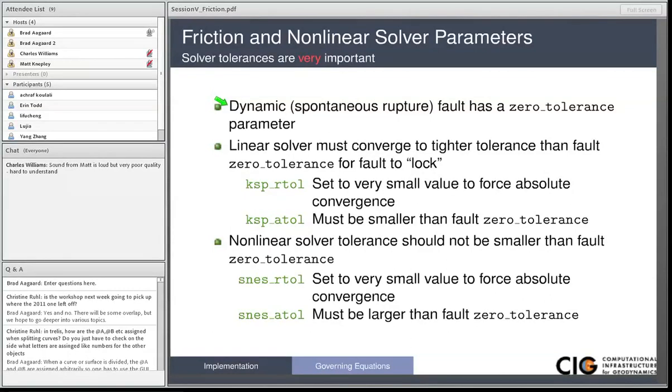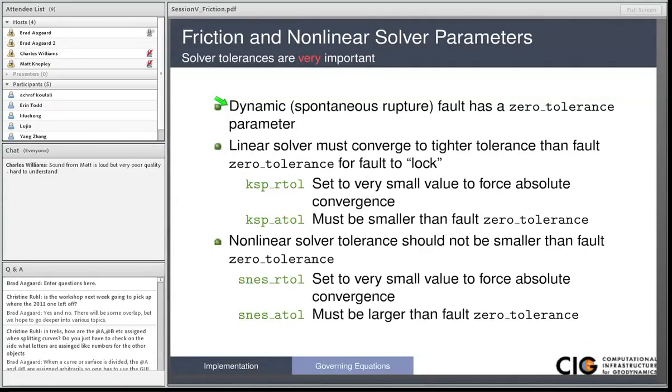So when we set up our solver, we want to take into account what our tolerances for our linear and nonlinear solver are relative to this zero tolerance. We want our linear solver, which is updating at every iteration, to have a tighter tolerance than the fault zero tolerance.